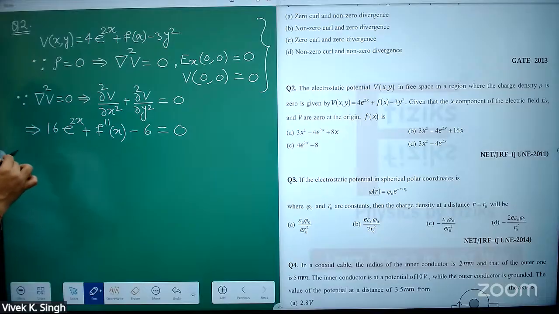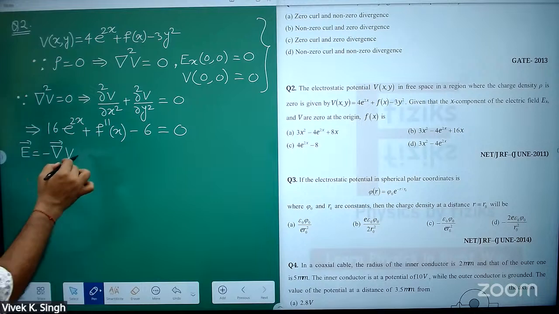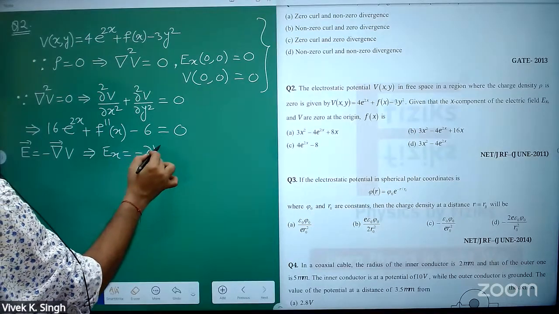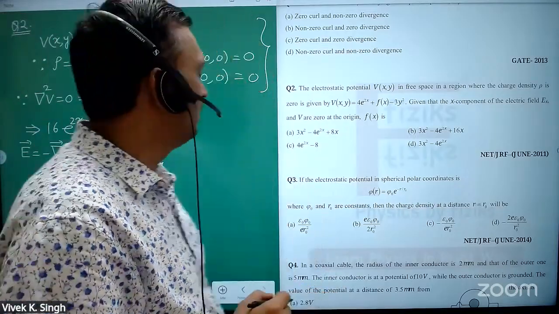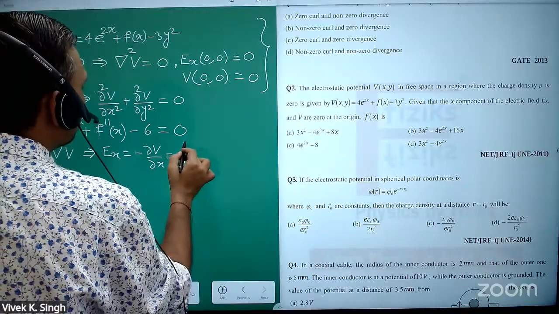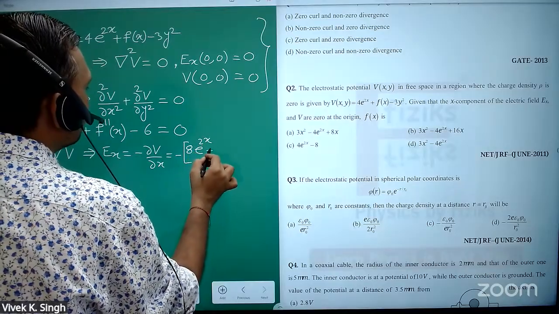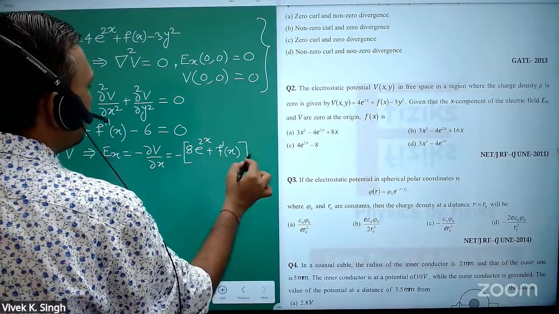Now, what is the electric field? E is minus gradient V. So the Ex component will be minus del V by del x, because you have to put Ex equal to 0. So this will give you minus of 8 e power 2x plus f dash x, and this will be 0.